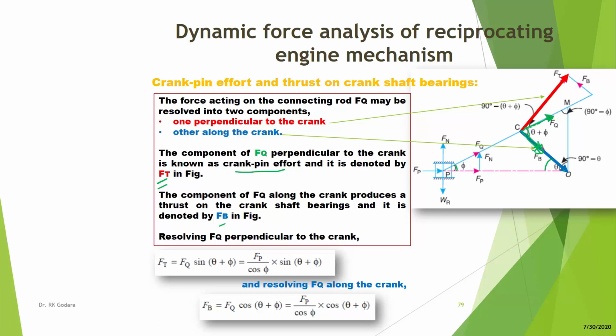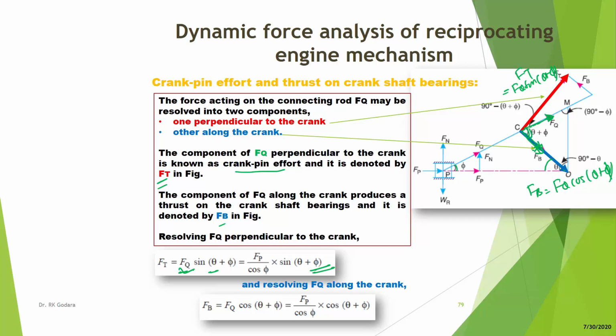So resolving Fq perpendicular to the crank, since this angle is theta plus phi, Ft is Fq sine theta plus phi, and Fb is given as Fq cos theta plus phi. Here Ft is Fq sine theta plus phi, and as we know, Fq is Fp, the piston effort, over cos phi, multiplied by sine theta plus phi. So this is the crank pin effort.